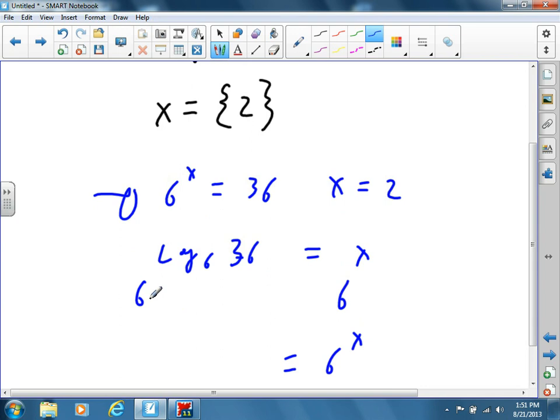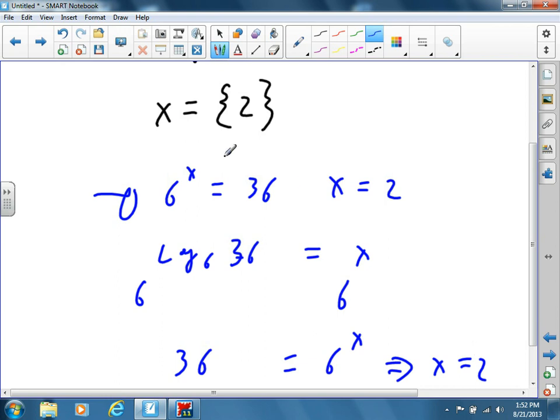What is 6 raised to the log base 6 of 36? 36. It's a trick question. So I still get x is equal to 2 either way. I could have raised them as powers, but I already had 2, and I should have quit there, right?